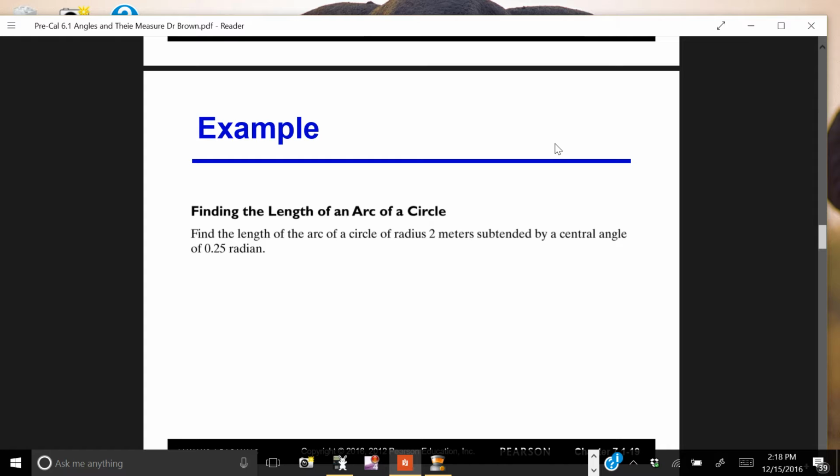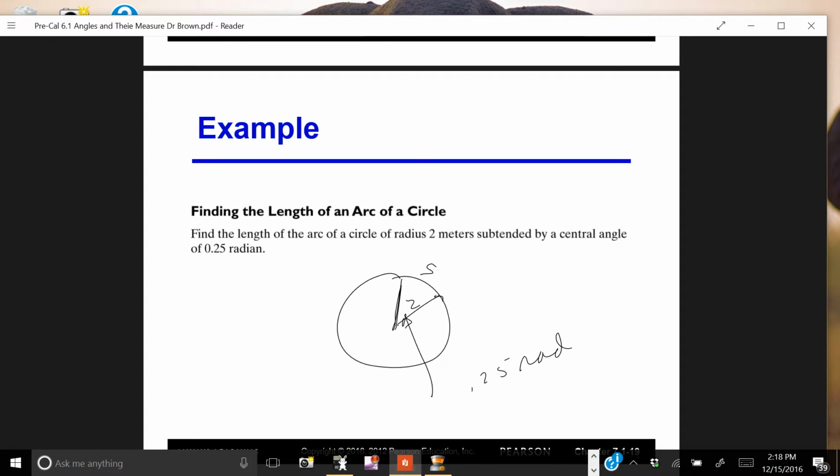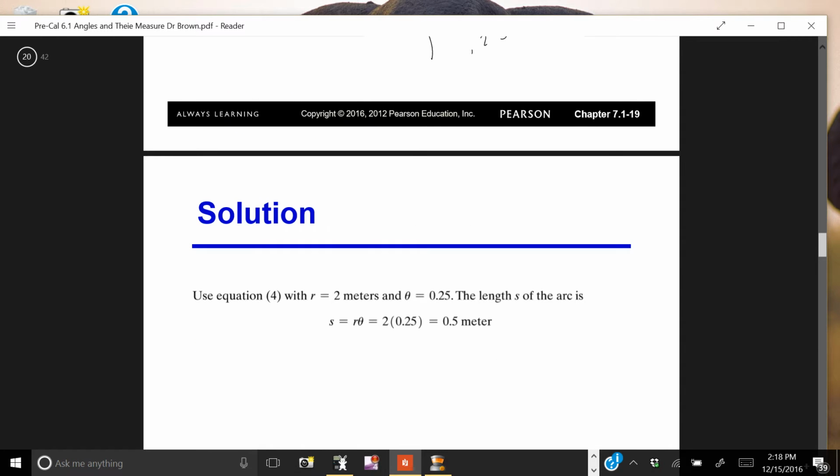Okay, example, find the length of the arc of a circle of radius 2 with an angle of 0.25 radians. So we want to find this S with a radius of 2. And the answer is on the next page. It's going to be S equal R times theta.